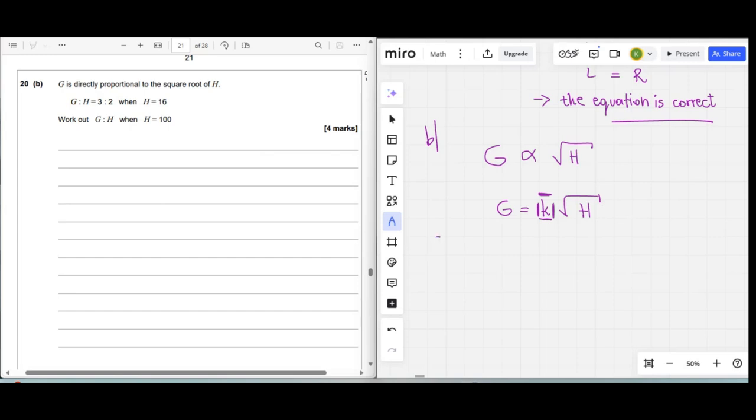Going in order: the ratio G to H is 3 to 2 when H is 16.